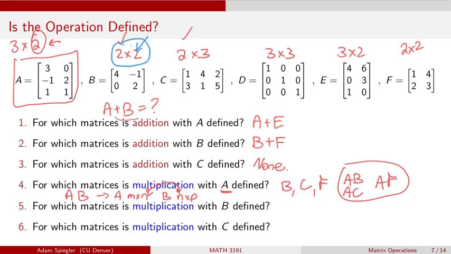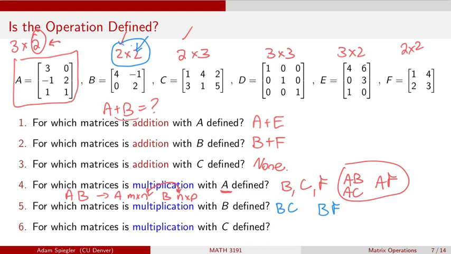B has 2 columns, so any matrix that has 2 rows is going to work. That would not be matrix A, but B times C is a defined operation. And the only other matrix that we could multiply with B would be F. All the other matrices have 3 rows, so they're not going to be able to be multiplied by matrix B.